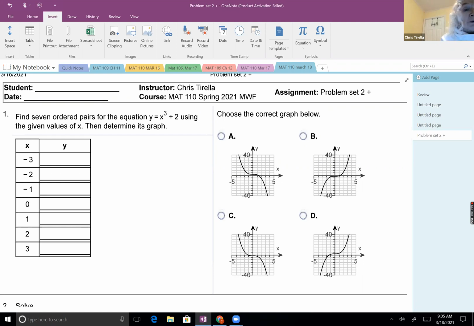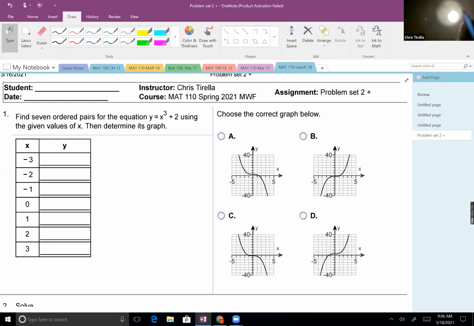And so over here, we've got a table of x values. We want to find the corresponding y values and then use those ordered pairs to graph it. In my labs, in order to graph it, a lot of times you end up picking the right graph, doing a multiple choice type of thing. So let's go through and start making this table of values.